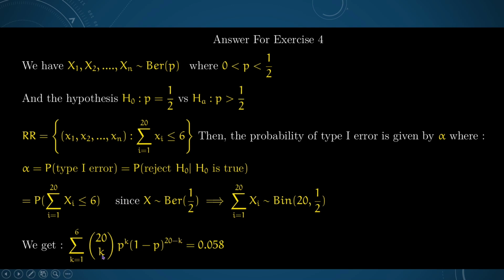We get the sum from k equals 0 to 6 of the combination of 20 and k, which you write as a binomial distribution, p to the power k times (1 minus p) to the power 20 minus k. For this problem you have to use a calculator to calculate. We cannot calculate it by handwriting.